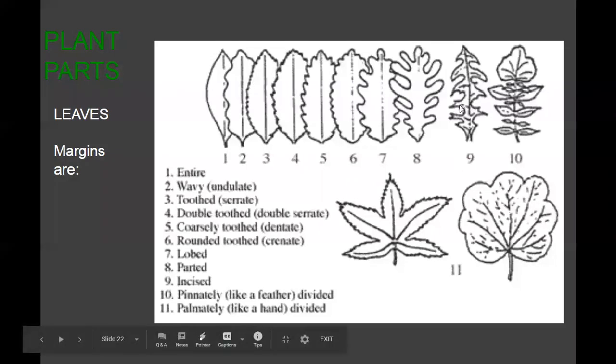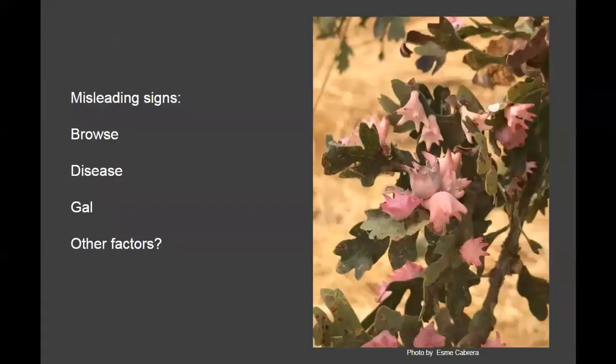These are deeply notched divisions, and just think of a dandelion, for example. Knowing all the margins is important for both properly identifying and making those observations in your journal.